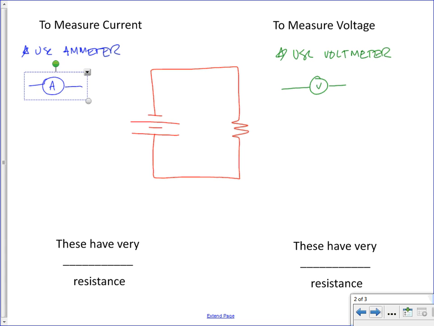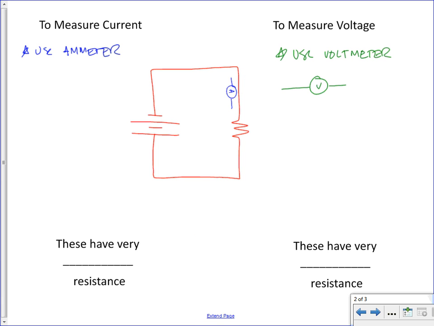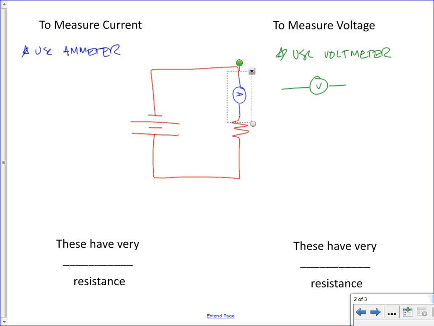We've got to take our ammeter and put it, it actually doesn't matter, before or after the resistor. The better way to draw it is like that, right?